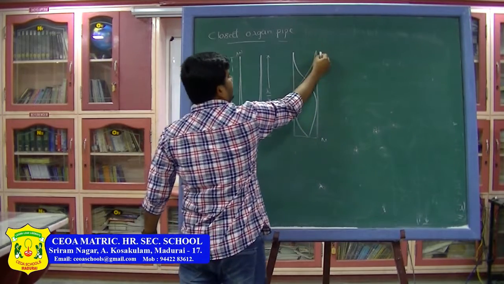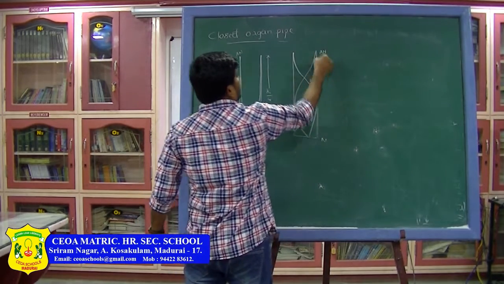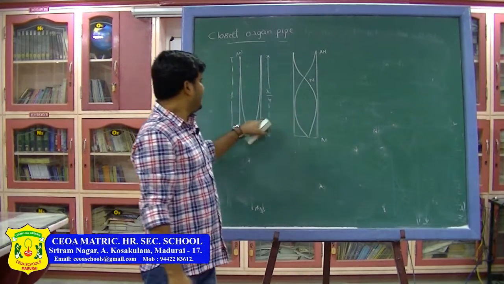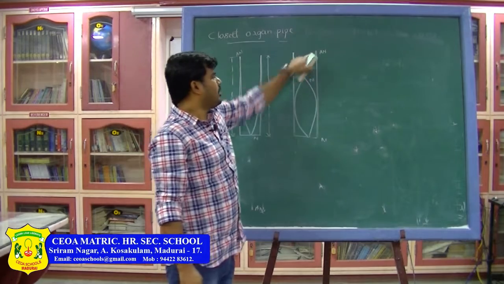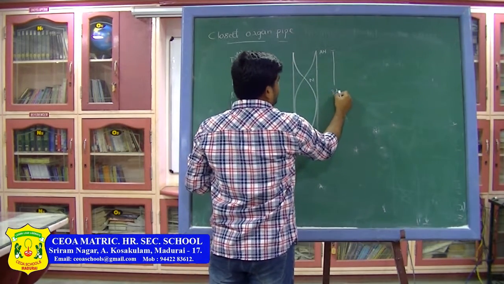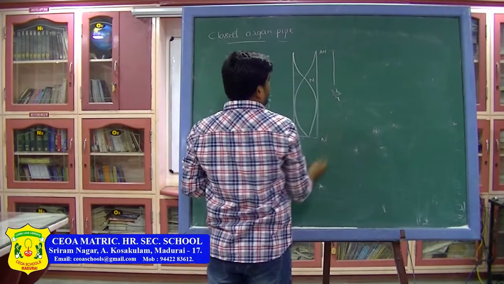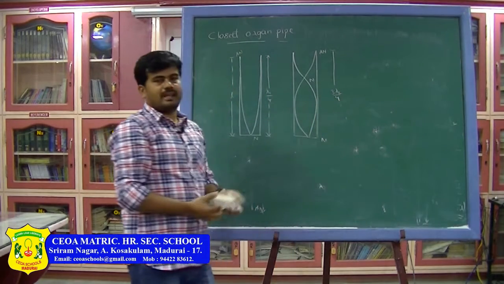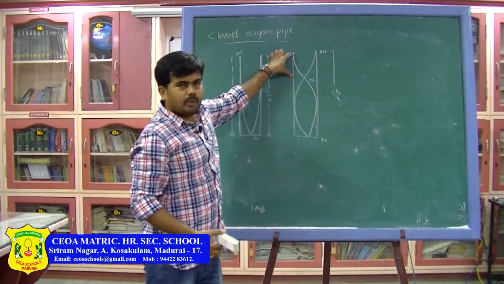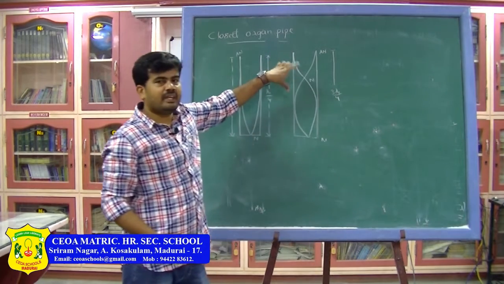So, for the next antinode it must be one more half stationary wave. So, in total it will be lambda by 2 plus lambda by 4. That means the total length of the air column vibrates with 3 lambda 2 by 4, because each half segment length is lambda by 4. So, lambda by 4, lambda by 4, lambda by 4. So, in total there are 3 lambda by 4.